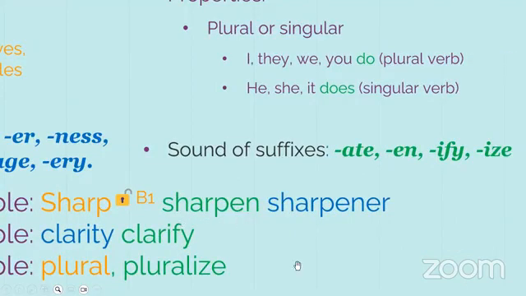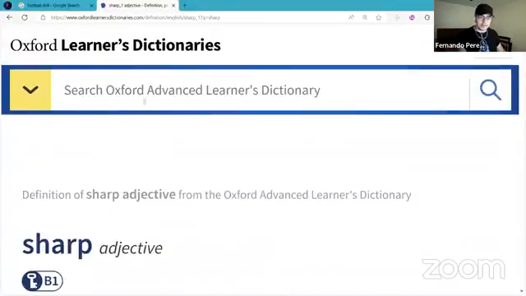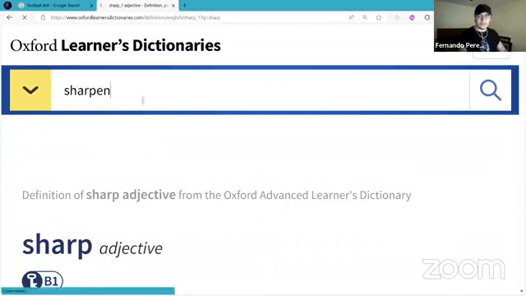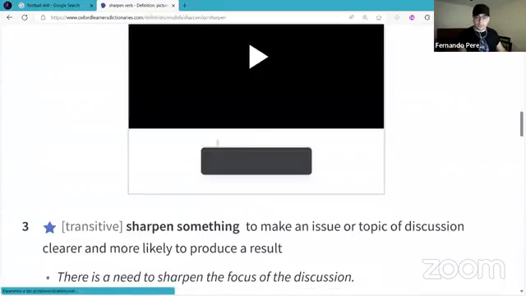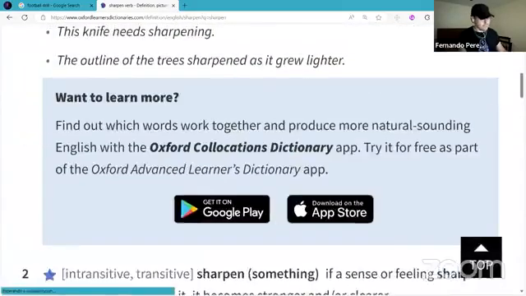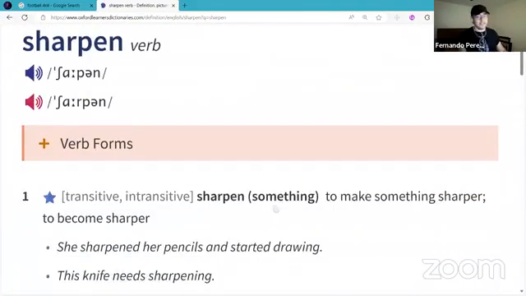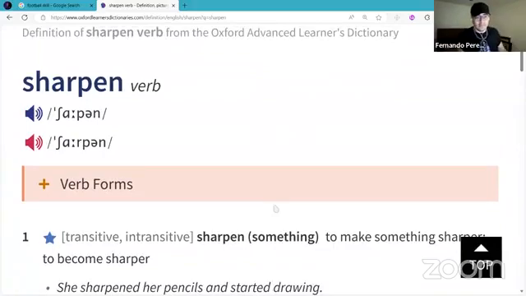It's the verb. According to the rules, sharpen is, we don't have a level, but I'm really sure this could be B2, probably C1.